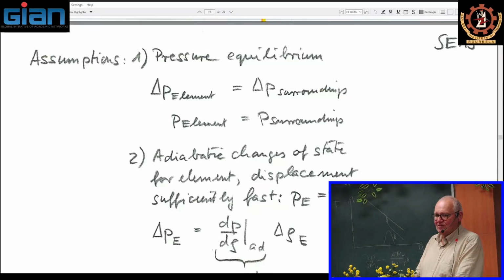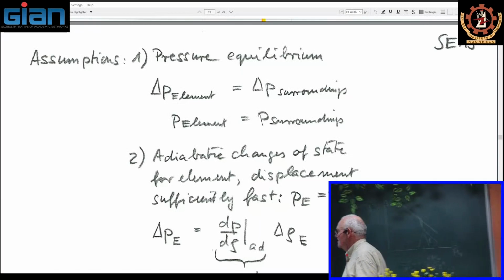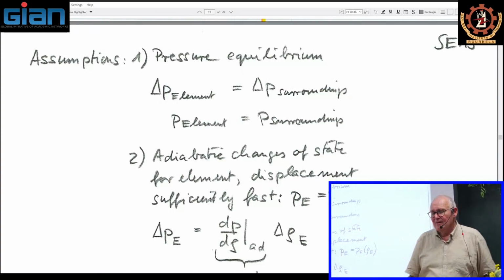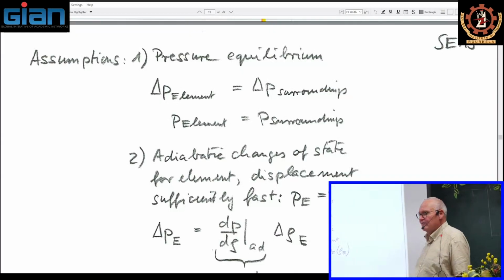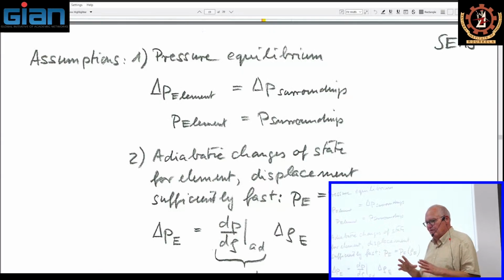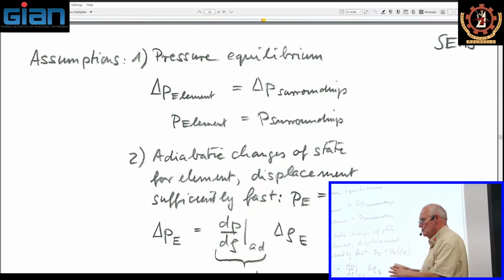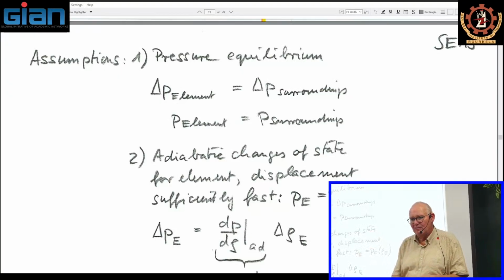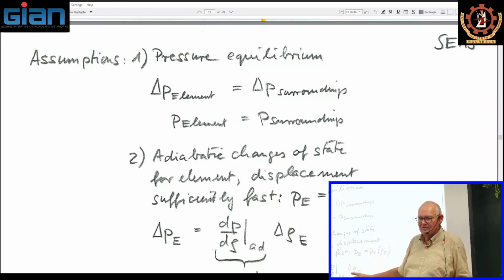The first assumption is that the motion of our fluid element or our mass element proceeds in pressure equilibrium. That means that the change of the pressure within the element is equal to the pressure change of the surroundings, or equivalently, the pressure of the element is equal to the pressure of the surroundings.